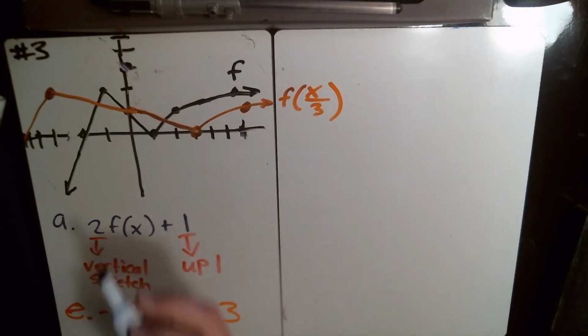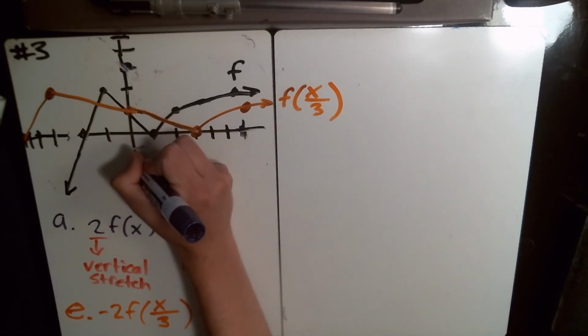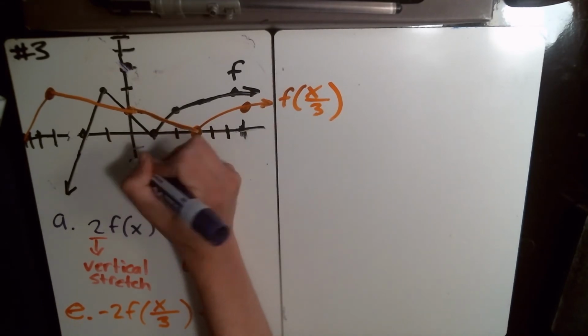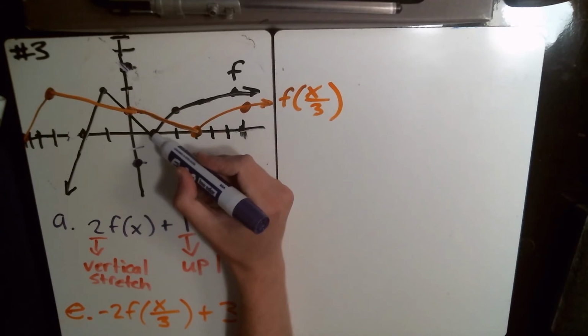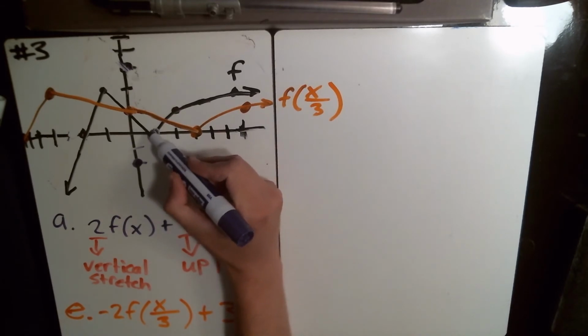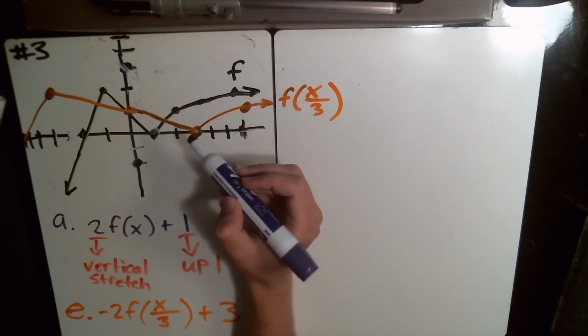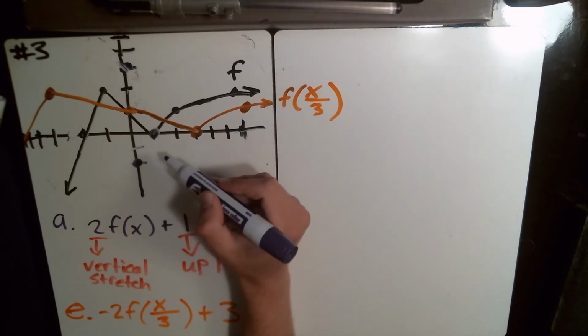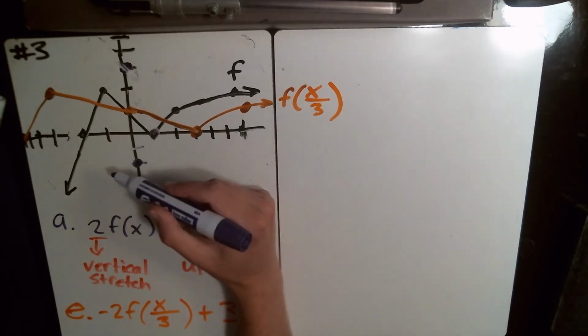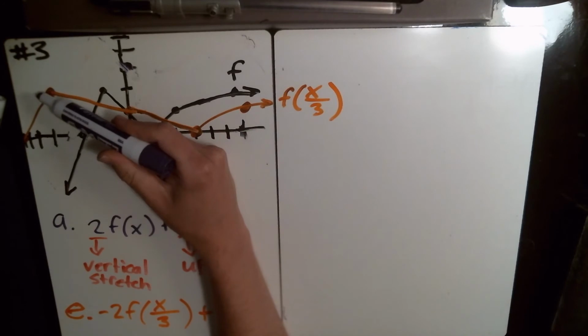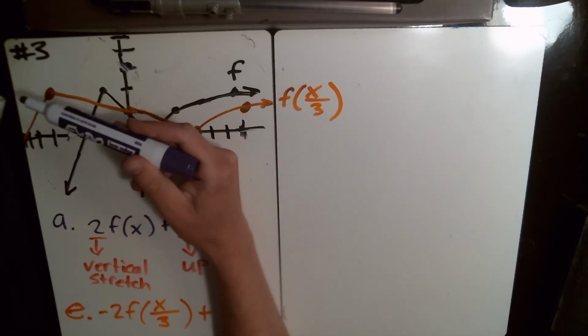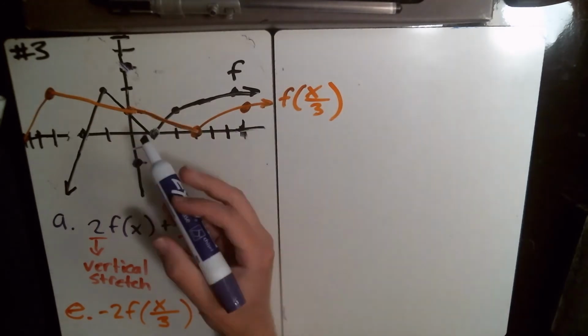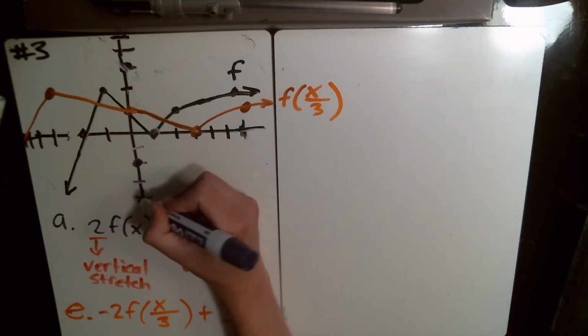When I times that by negative 2, I'm going to be down here at negative 2. This one was at 0, so it's going to stay there at 0. This one was up at 2, so it's going to switch to be at negative 4.